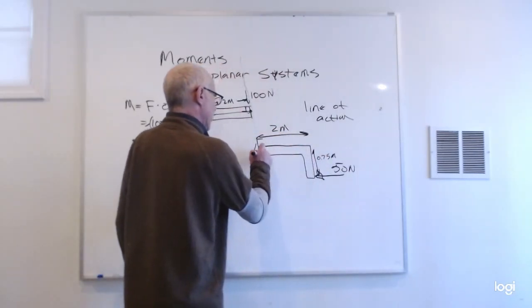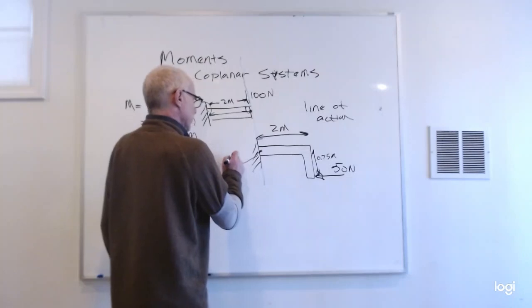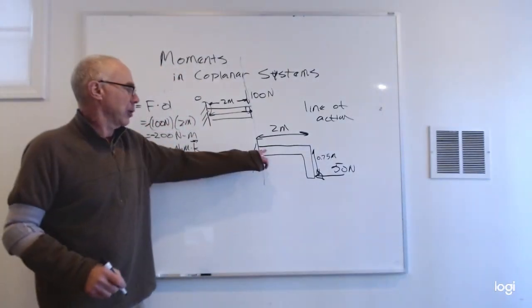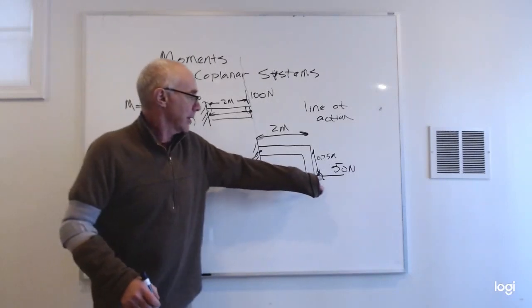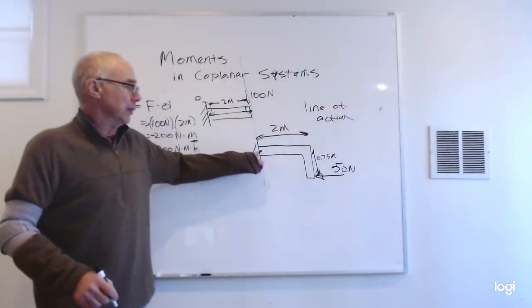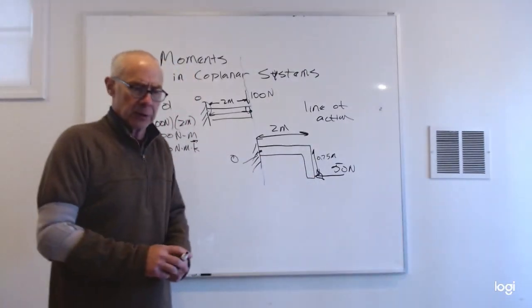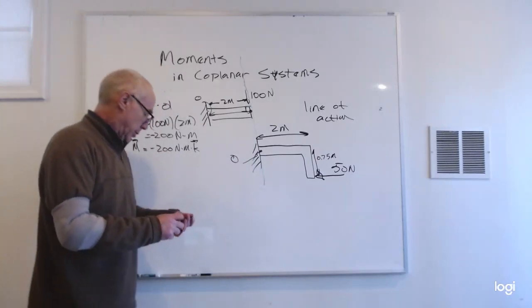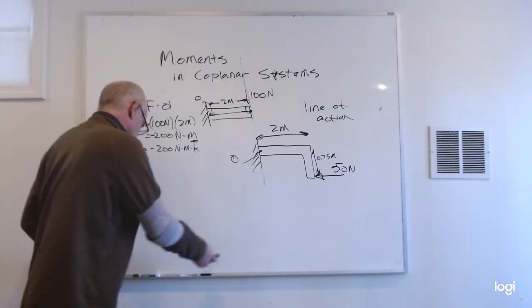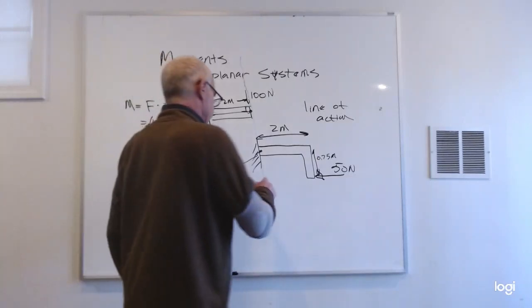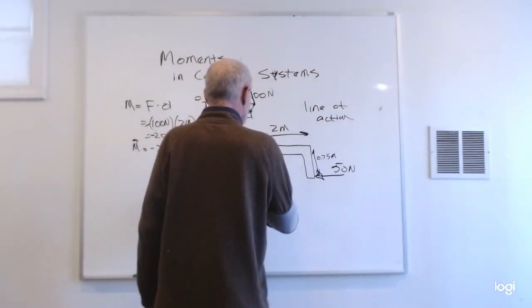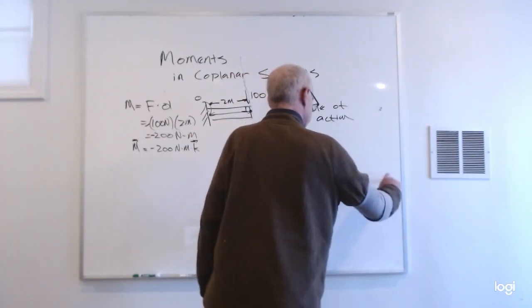And my point O is right here. I'm going to call that point O. So we want to evaluate the moment caused by this vector at that location. Okay, so how do we find our perpendicular distance? Again, we're going to draw a line showing the line of action of the force. I'll draw it right through here.